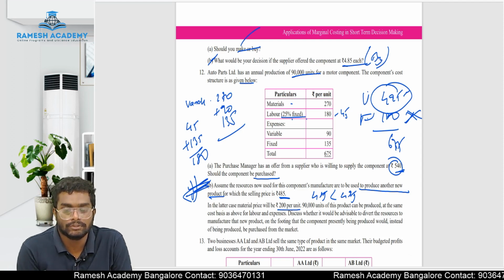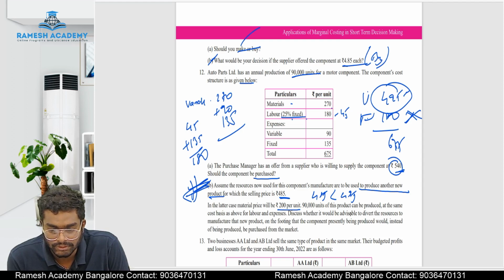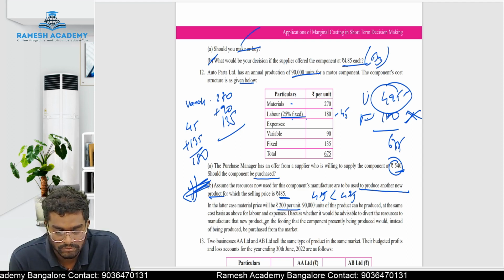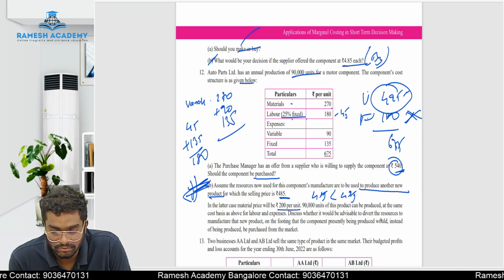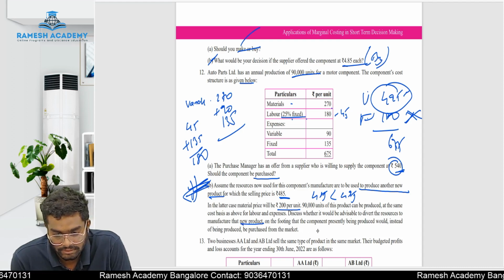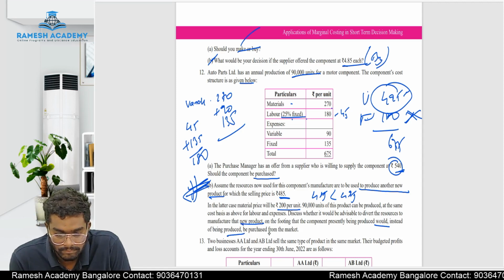They are telling the new thing now: instead of 270, it is 200. 90,000 units of the product can be produced on the same cost basis as above for labor and expenses. Discuss whether it would be advisable to divert the resources to manufacture a new product on the footing that the component presently being produced would be purchased from the market.